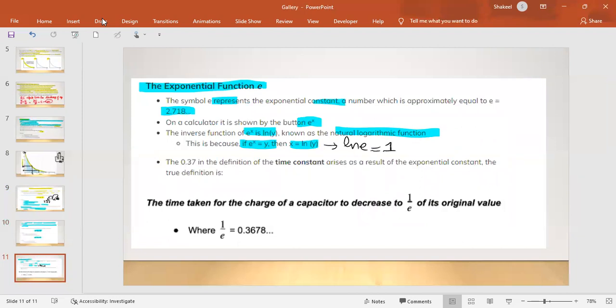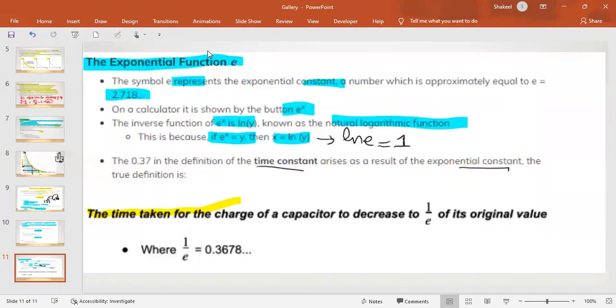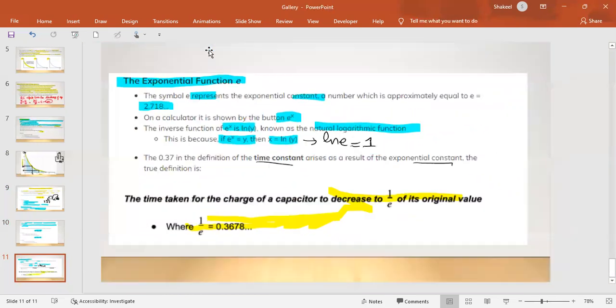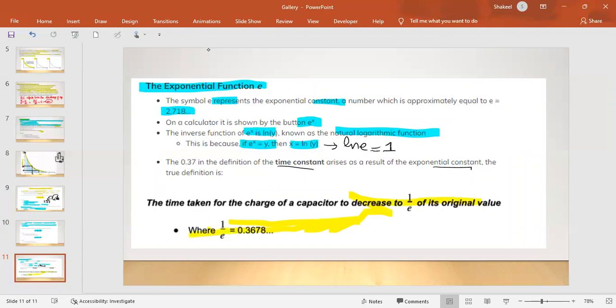So the 0.37 in the definition of the time constant arises as a result of the exponential constant. The true definition is the time taken for a capacitor to discharge to 1 over e of its original value, where 1 over e is 0.3678, and that's almost 0.37, or almost 37%.